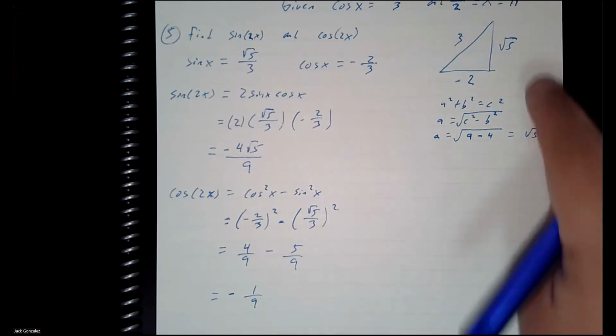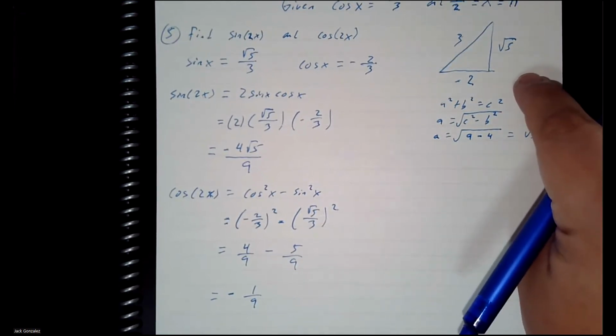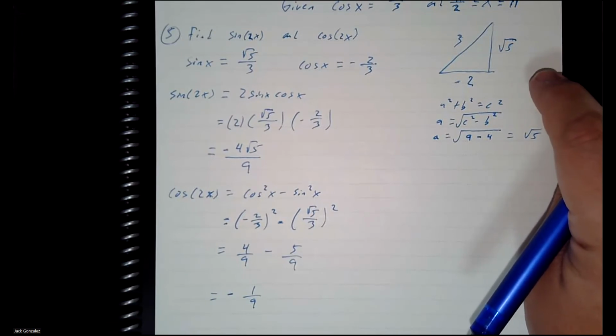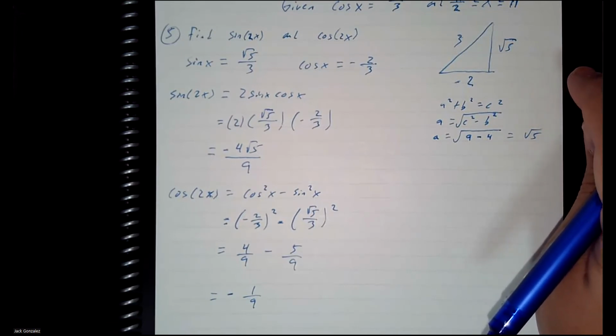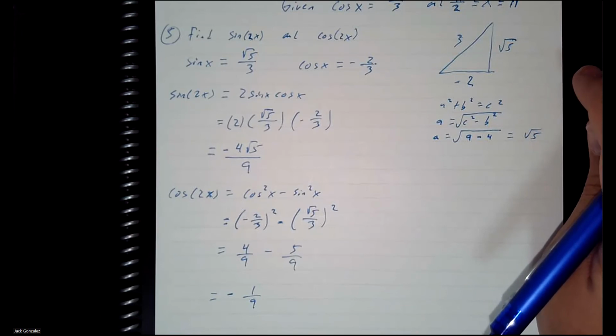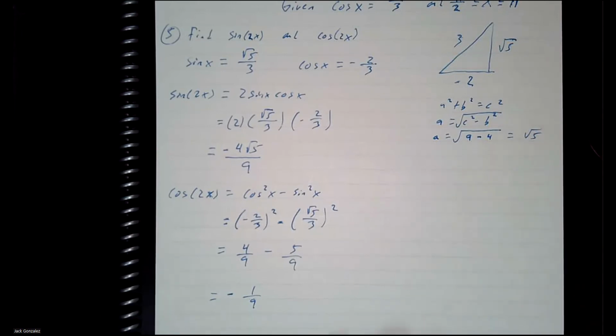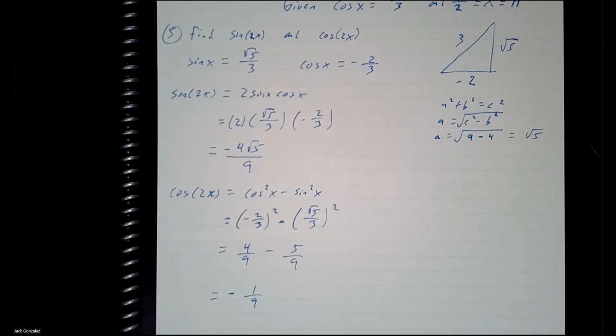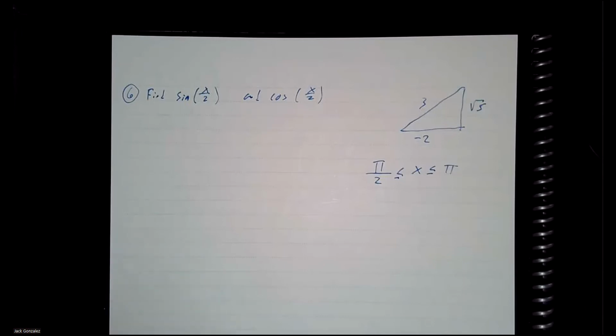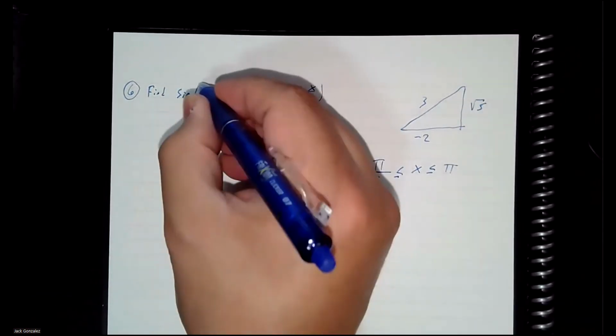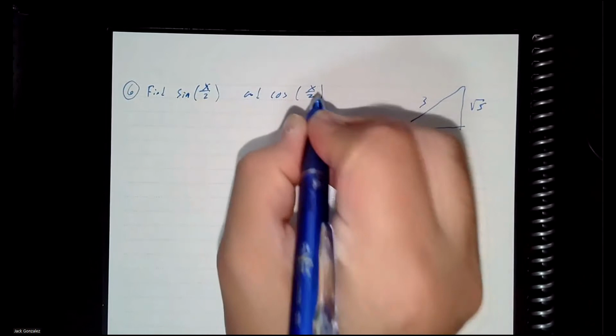Okay, so we're still going to need this information for number 6 because it uses the same information. The only thing is you have to decide which quadrant. So let's go ahead and draw this triangle on the next page. Okay, so number 6 is sine x over 2 and cosine x over 2.